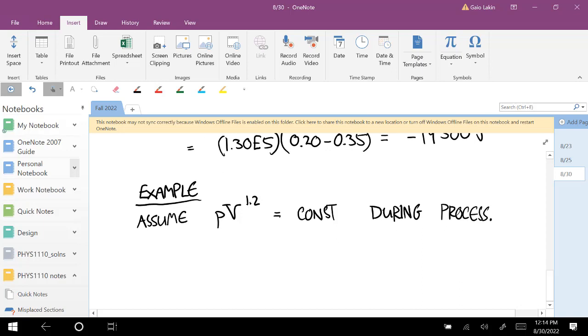At the start, we have a pressure of 3 bar. 1 bar is 1 times 10 to the 5th pascals, so that's 3 times 10 to the 5th pascals. And the volume at the start is 0.1 cubic meter.